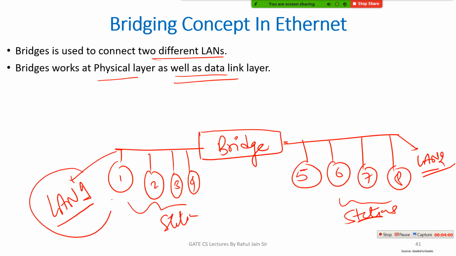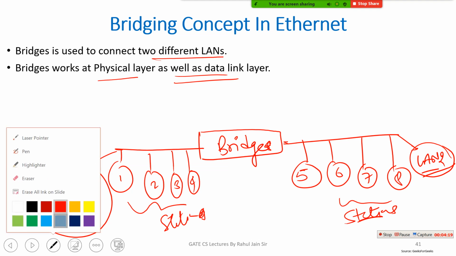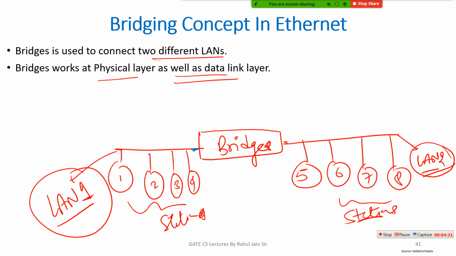So I have LAN 1 and LAN 2, and this bridge is connecting LAN 1 with LAN 2. Stations 1, 2, 3, 4 are on LAN 1 and stations 5, 6, 7, 8 are on LAN 2. On the left-hand side I have a port, called port 1, which connects stations 1, 2, 3, 4 with LAN 1.